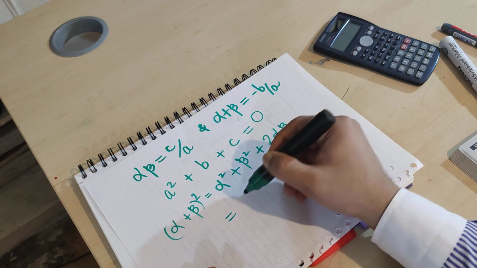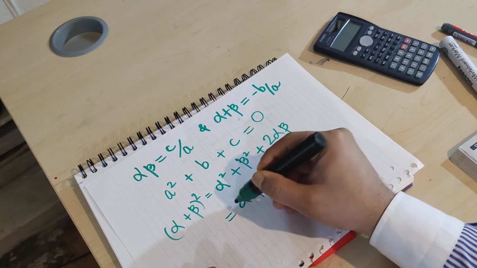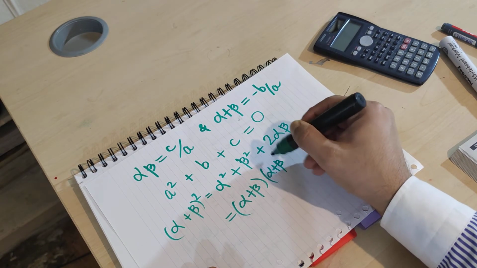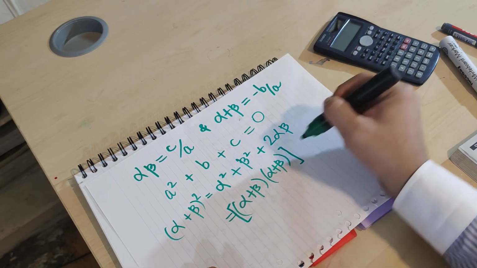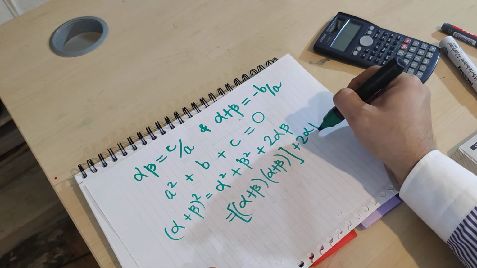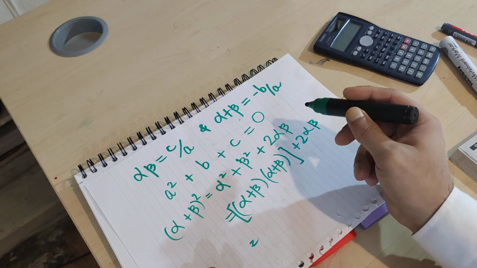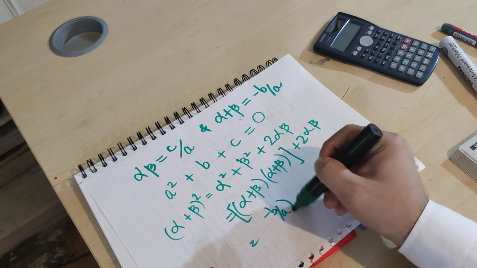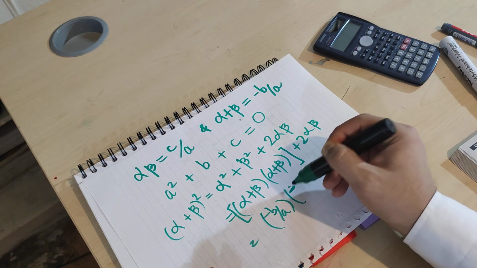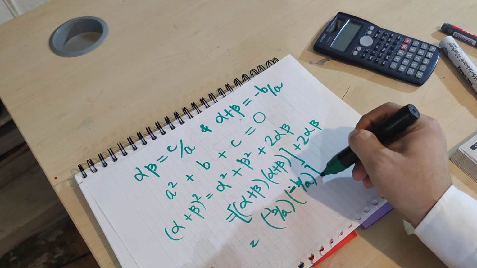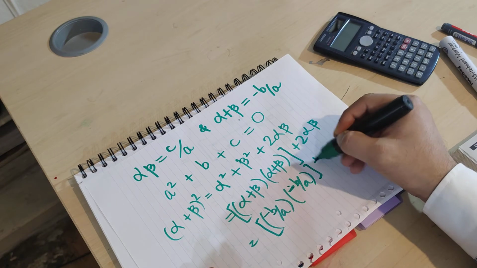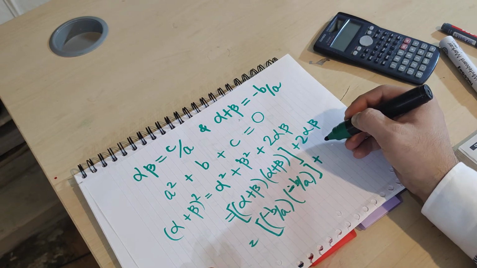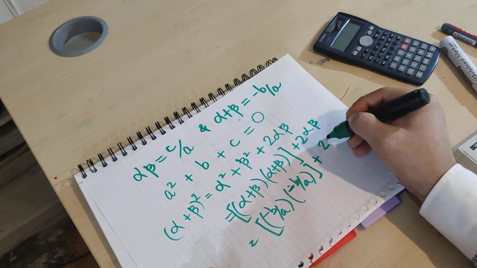So that'll be minus b over a, minus b over a, and 2c over a.